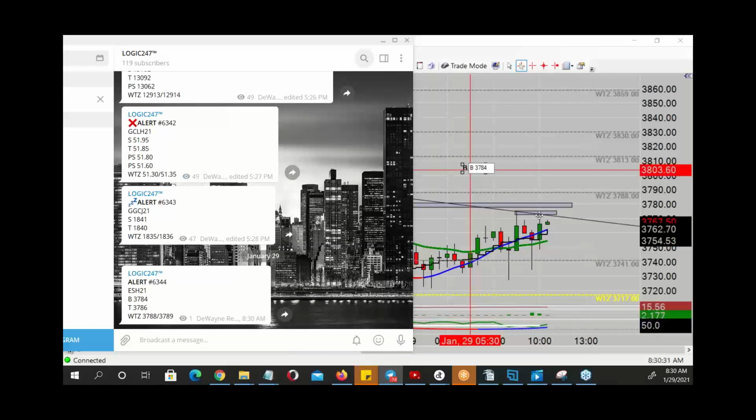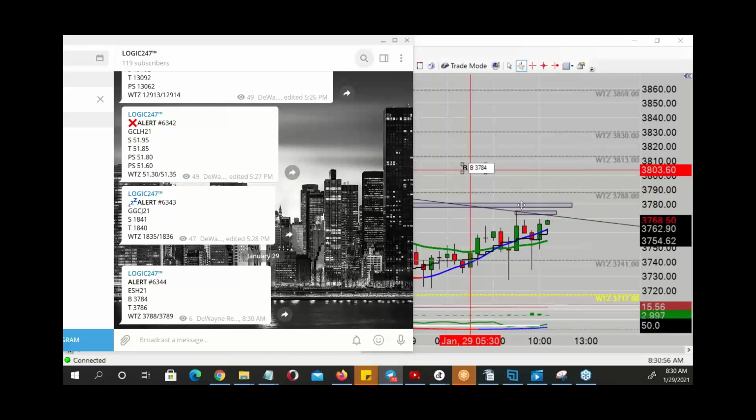Okay, so we've identified the resistance. Buyers are in control right now. We're above the BBC. When price is above the BBC, we only look for long trades. When price is below the BBC, we only look for short trades. So buyers are in control, but if they keep pushing, they're going to run into this resistance and this resistance.